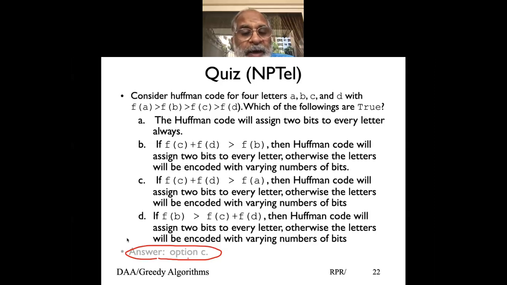You need to explain why answer C is correct and A, B, D are not the correct answer. Anyone like to explain? Ramya, would you like to explain? And anybody else?